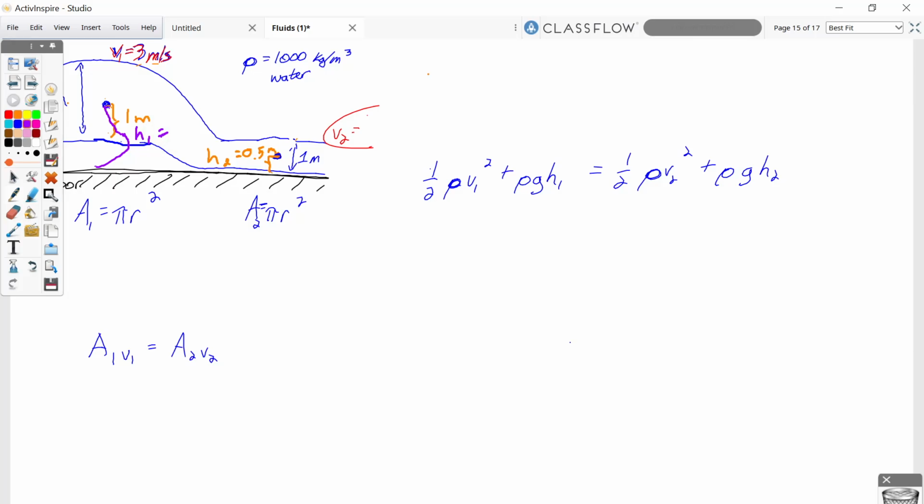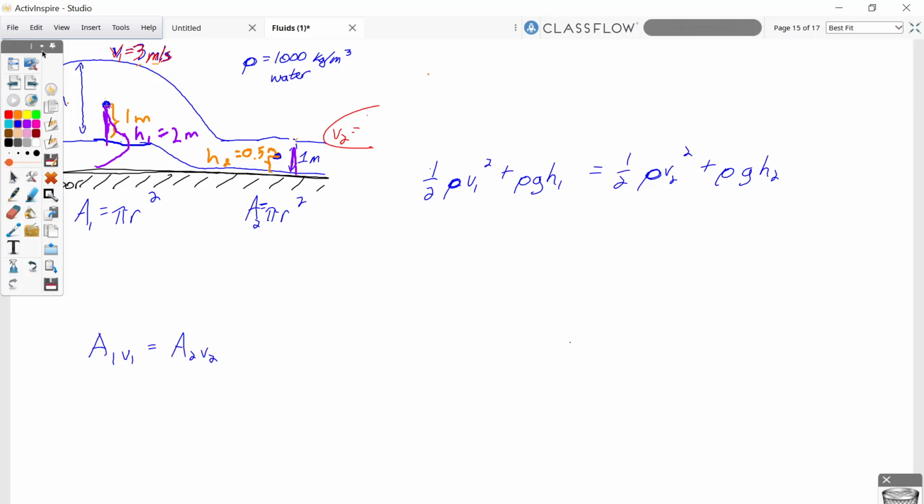And the way we figure that out is, well, from here to here, that's 1. From here to here, that's 1 as well. So 1 plus 1 is 2, right? So this is 1. This is 1. So the total height would be 2 meters, okay? So it's going to be important that we label these as H1, H2, velocity, and so on. And you're going to see that that's going to matter, okay?